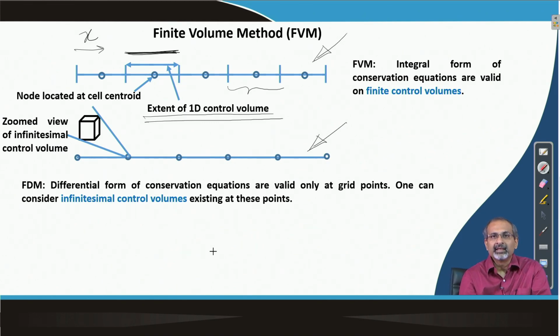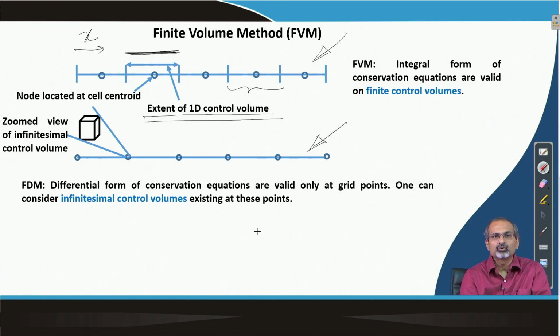However, the nature of the problem is such that it only has x dependence, and therefore, essentially we can represent the control volumes by just drawing a straight line and dividing it into a number of segments, and each segment would be representing a particular control volume.